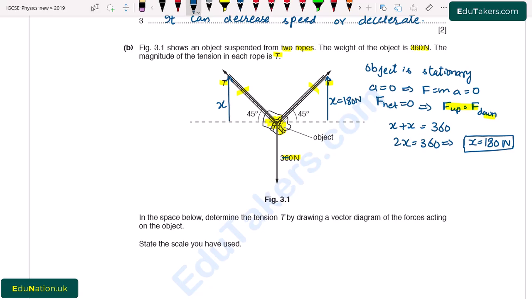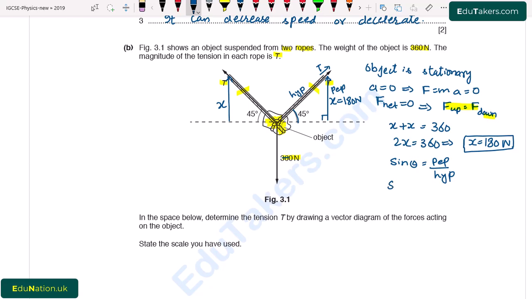So here is also the angle 45. And we have to find out the value of this tension that is acting in this direction. So by using the property that sine theta is equal to perpendicular over hypotenuse. Here the angle is 45 and the perpendicular is x, because here the angle is 90. So we can easily find out the tension, that is the hypotenuse.